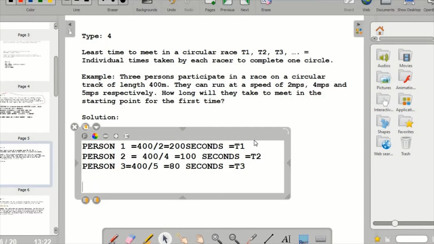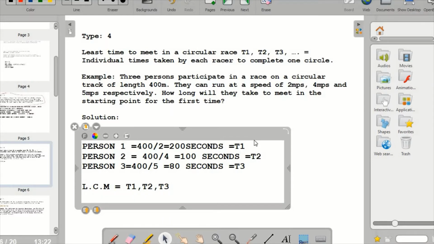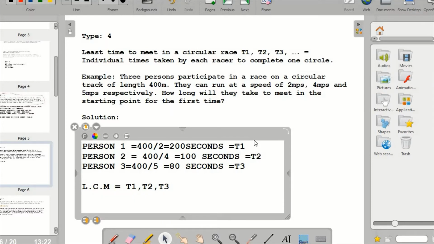So you have to take the LCM of T1, T2, T3. So the LCM of 200, 100, 80 is equal to 400.